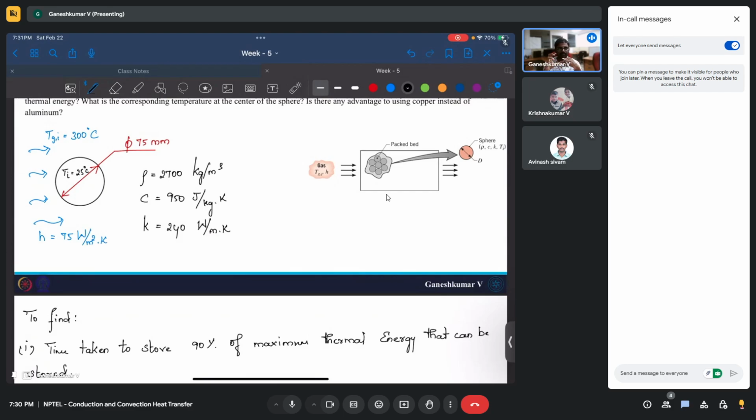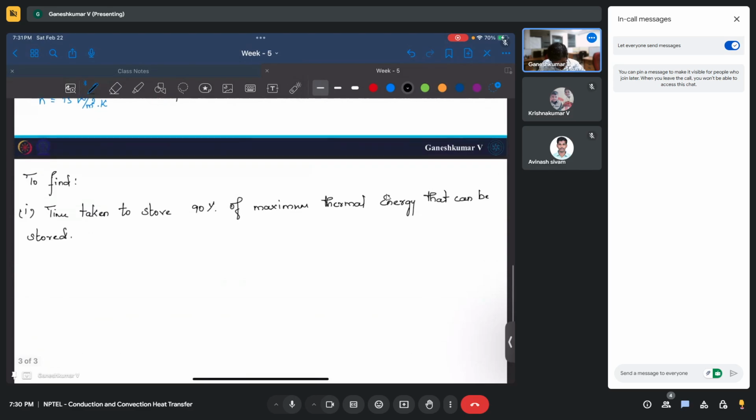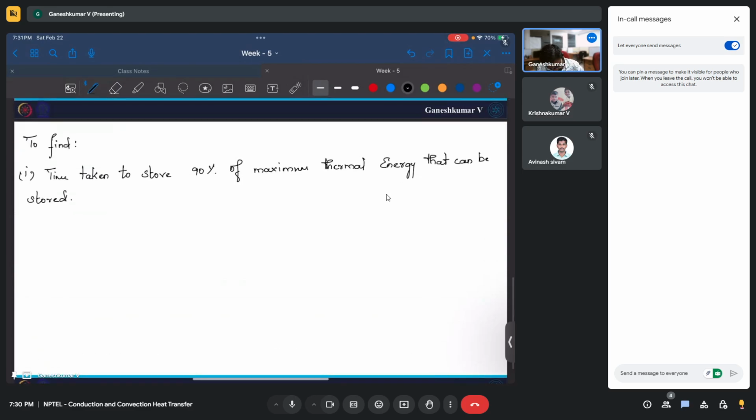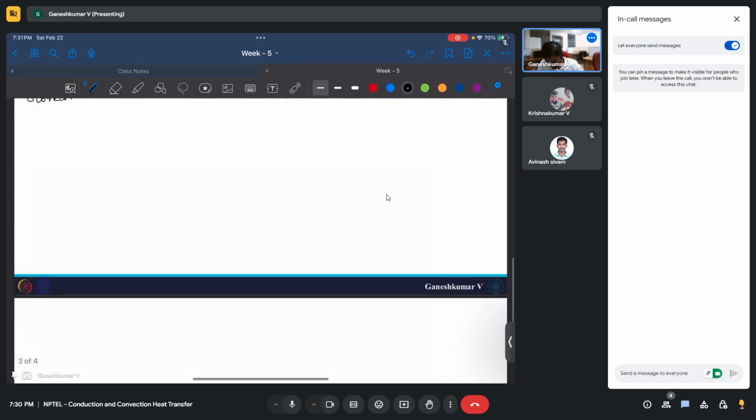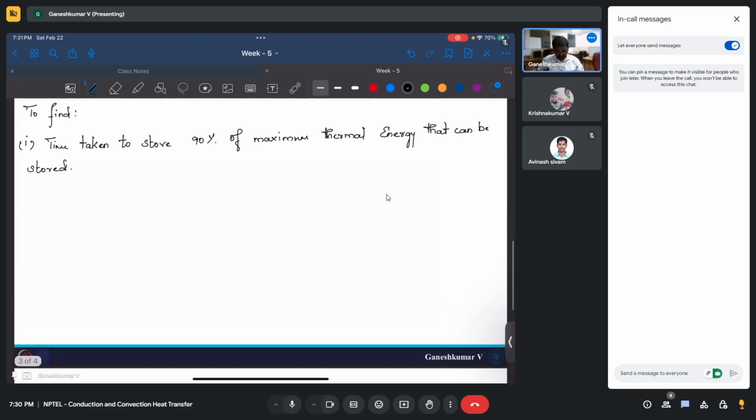If you have a sphere at 25 degrees Celsius and the surrounding temperature is 300 degrees Celsius, the maximum thermal energy it can store would be how much?